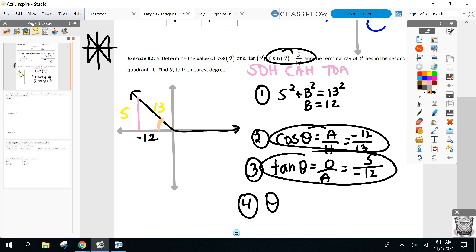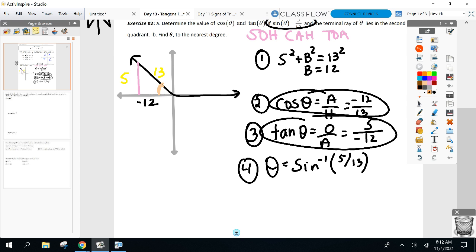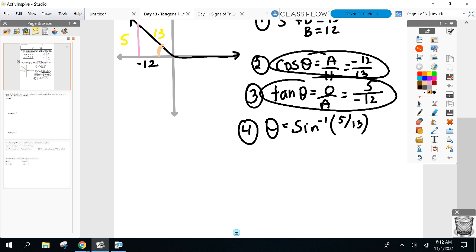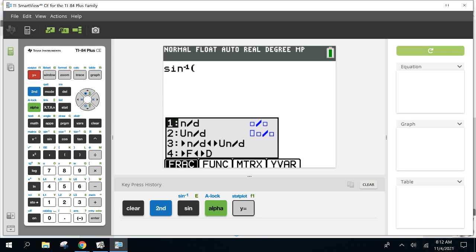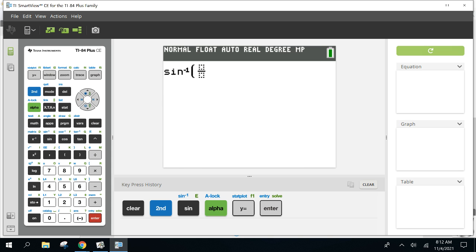Yes. So I'm going to prefer you do inverse sine and then plug in what fraction? Whatever sine's equal to, which is 5 over 13. Inverse sine, fraction, 5 over 13.